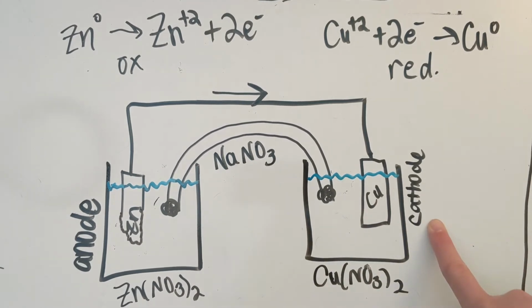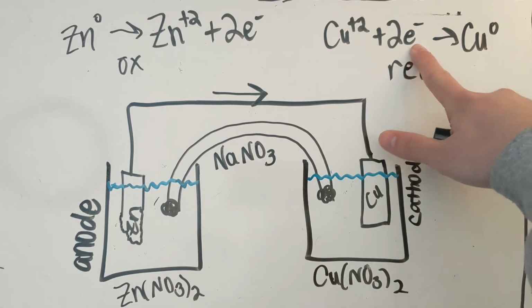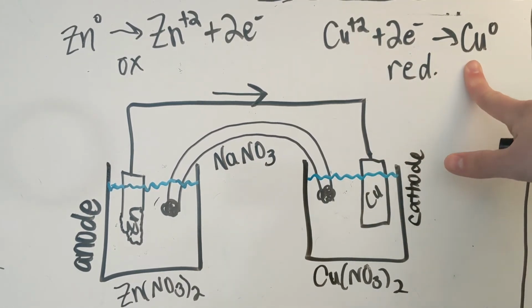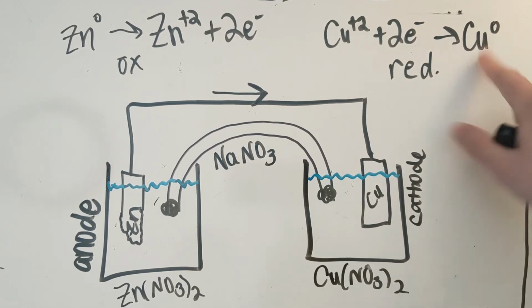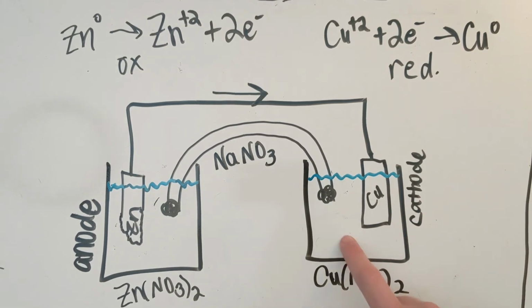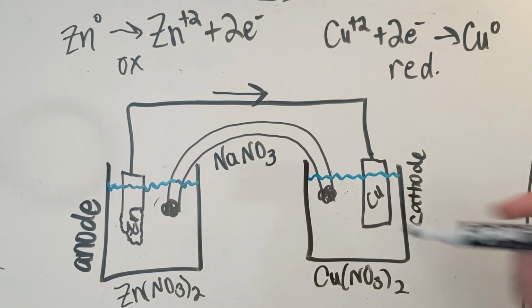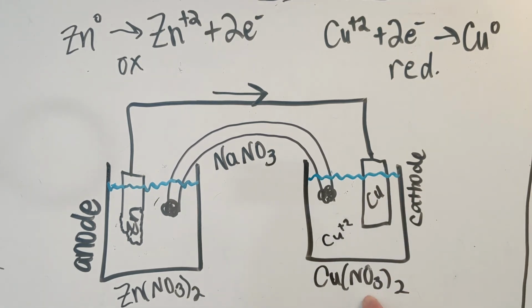On the opposite end, over here at the cathode, we have copper atoms absorbing electrons. Well, this atom can't absorb electrons because the metal would then take a negative charge, which it will never do. So the solution to that is that in this solution, we have copper plus 2 floating around in here. Because remember, nitrates are always soluble with no exceptions.